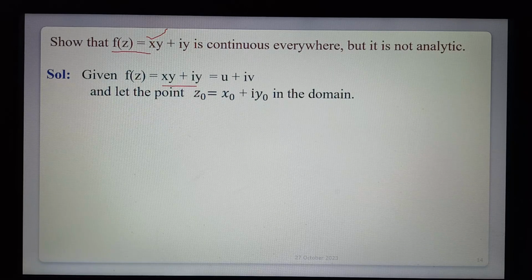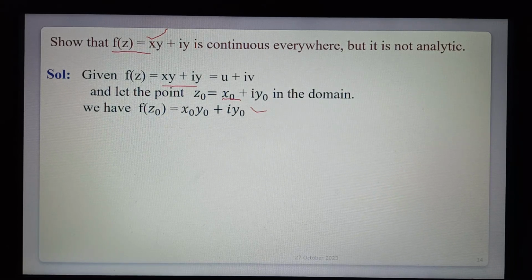Now assumption one point z naught. So z naught is a point in the domain x naught plus iy naught, and x naught comma y naught is a point in the argand plane. So that is equal to f of z, the function value of f of z at z naught. F of z naught is equal to x naught y naught plus iy naught. This is the function value at the point z naught.